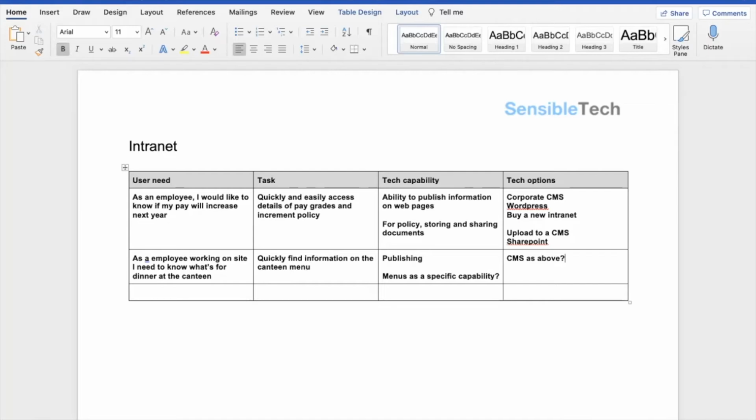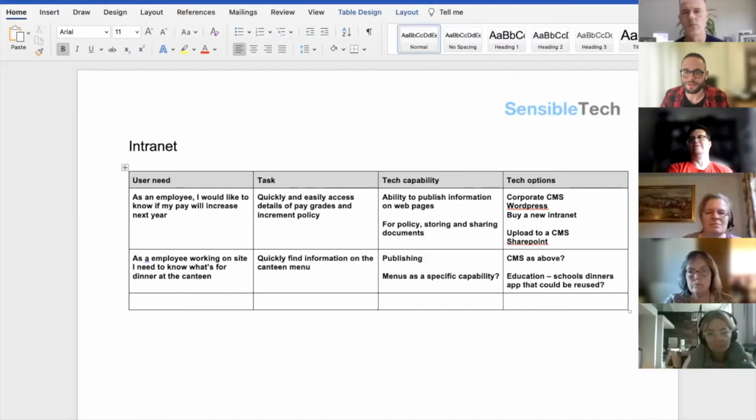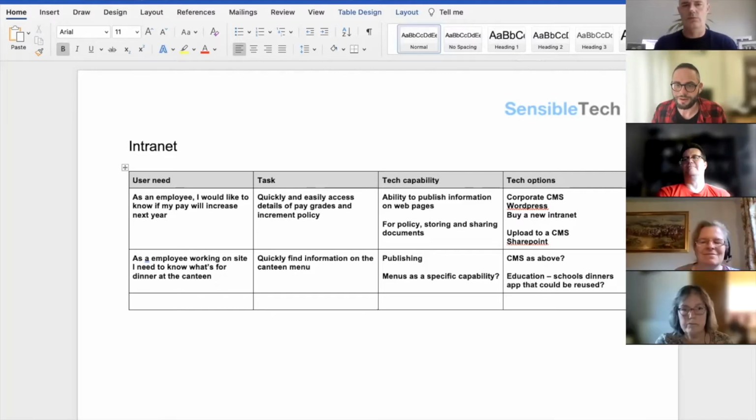But also maybe in education, there's a school dinners app that could be reused. That's a slightly stupid example, but it's possible, isn't it? Okay, fab. So that's a couple of examples I've got there, some of which are probably more useful than others. But no doubt others on the call have some things they could share.